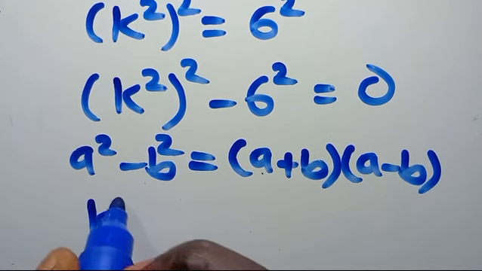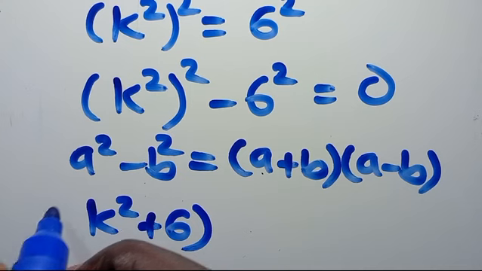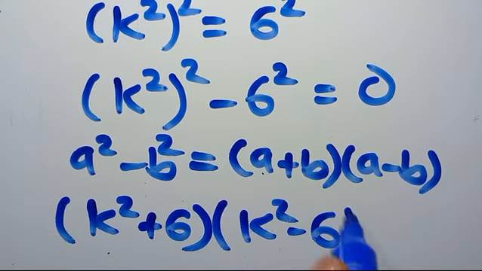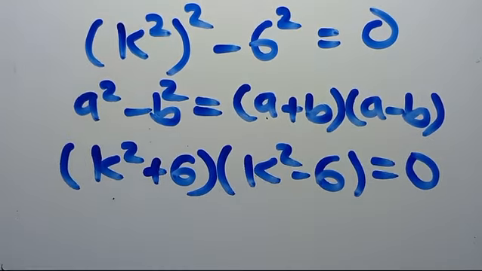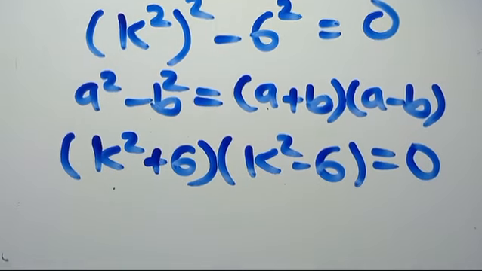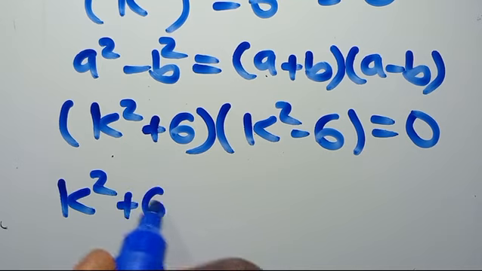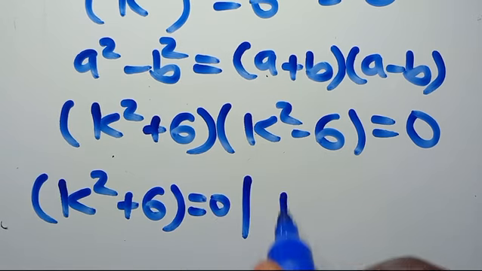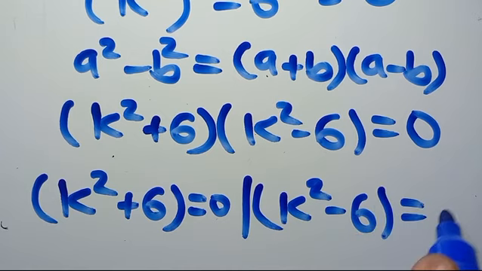We have it to be k square plus 6 times k square minus 6 equals 0. So from here we have k square plus 6 all in parentheses equals 0, or we have k square minus 6 all in parentheses equals 0.